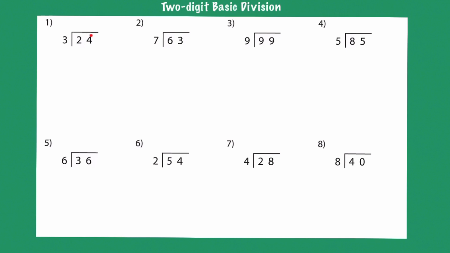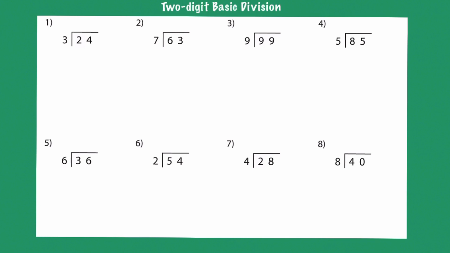For example, you have 24 candies and you want to divide them among 3 friends. How many candies does each friend get? If I have 3 friends and a total of 24 candies, how do I divide it?